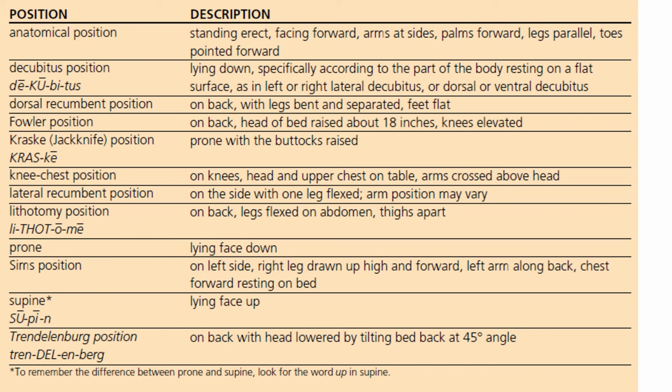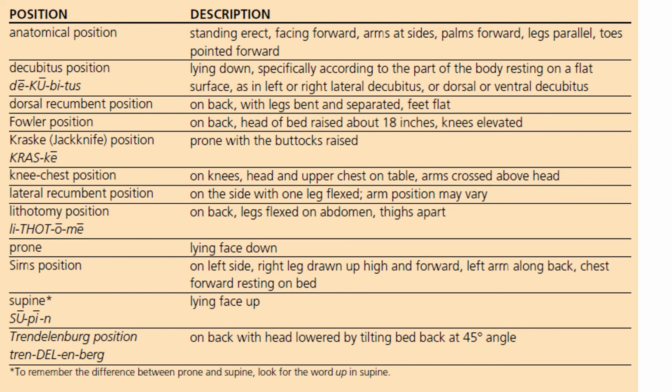Arm position may vary. Then we have the lithotomy position: on back with legs flexed on the abdomen and thighs apart. So lithotomy position is the position used while giving birth, or any examination in the vagina.